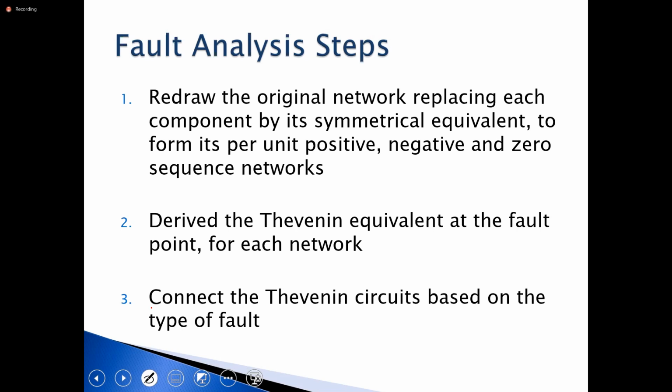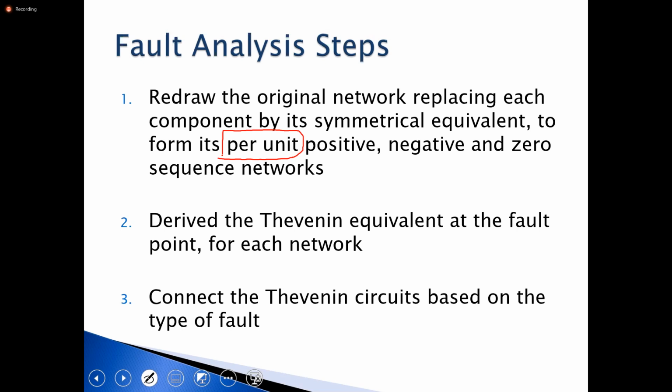And you're going to now form per unit positive, negative, and zero sequence networks.